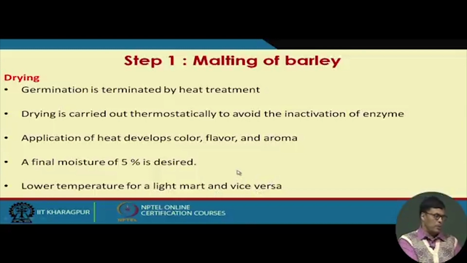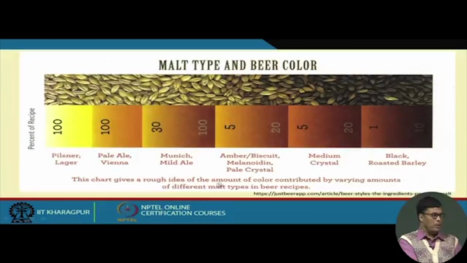So if you increase the temperature, the color will be a little bit darker; at low temperature the color will be a little bit lighter. Now this is the different colors of malt that we have with lager beer. This is the kind of pilsner, pale ale, that is like this.